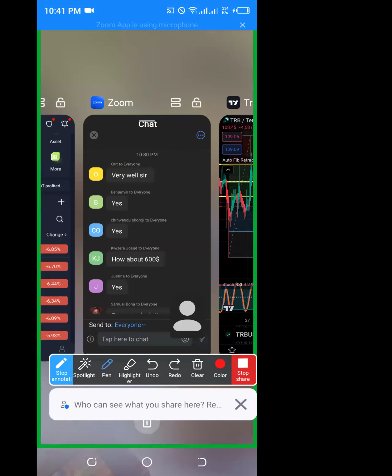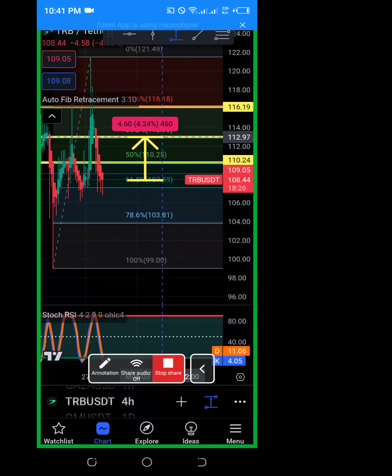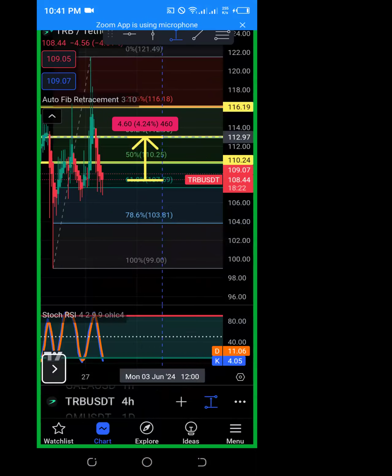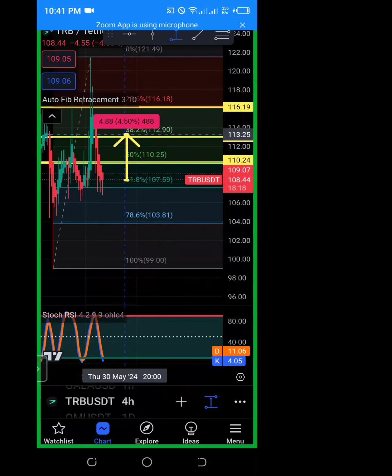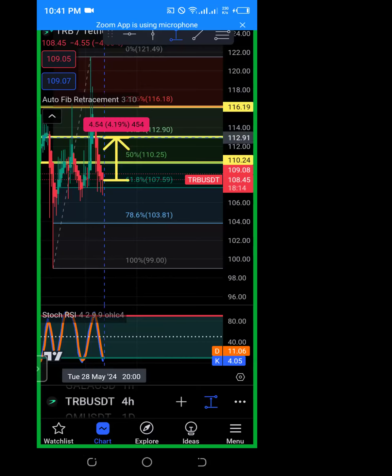Now, what if the market continues to go down? Maybe you've entered from here. Enter from here, that is 4. Now let me come up with my measurement of the drop. You entered from here.